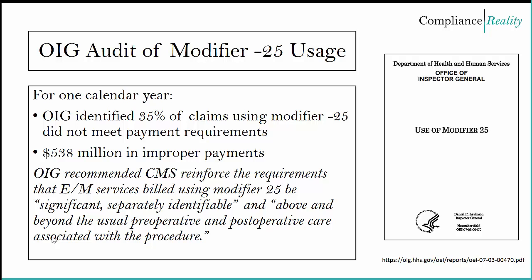Again, a lot of the same things that I've already been saying, but this was a study, investigation, or audit, one could say, that the OIG did on use of Modifier 25. It's a longer report than what we can share on just this one slide, and so if you're interested in this one, you might want to use this link and go read the report for yourself.